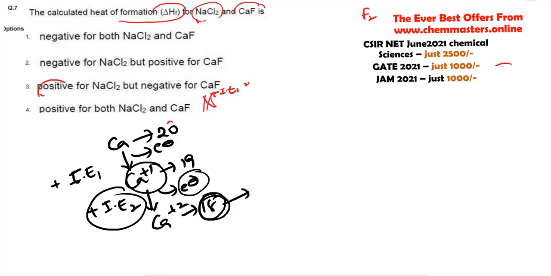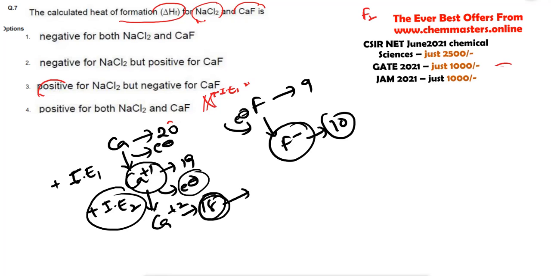Okay, now come to fluorine, and here fluorine has 9 electrons, right? By adding one extra electron, it will become F minus by having 10 electrons, and we know that F minus is stable because it attains the neon electronic configuration, right? In the next step it should be converted to F minus 2, that means one more electron should be added.